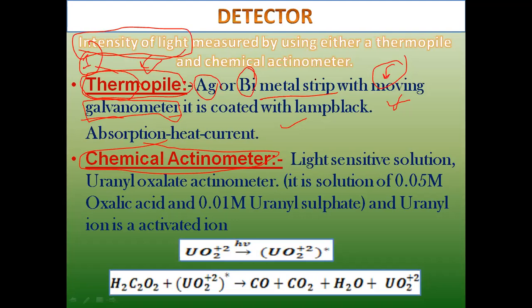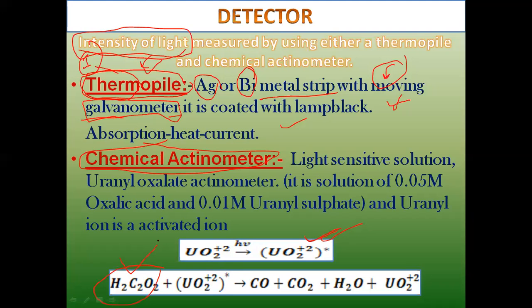In the initiation process, the light is absorbed by a molecule or atom, and it undergoes excitation; it goes to the activated state. After activation, it transfers its energy to the reacting molecules, and then the reacting molecule undergoes further reaction and produces the product.